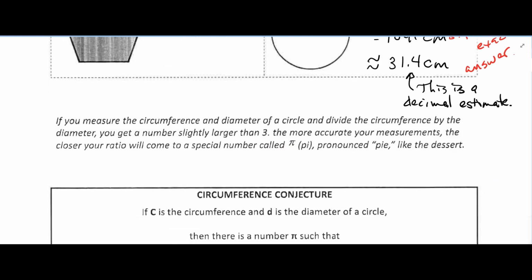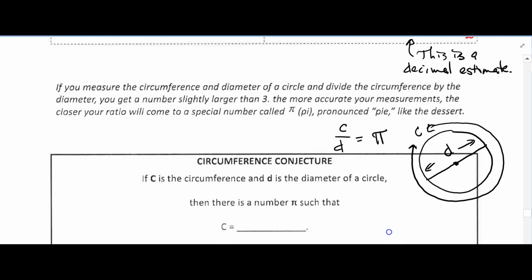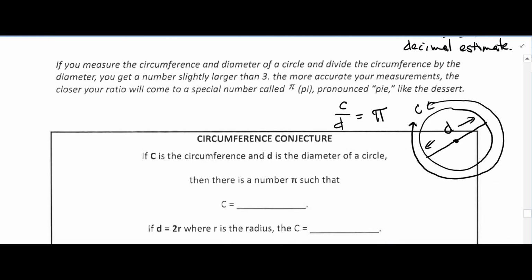Alright, so basically what we're doing here is we're taking our circle, we have our circumference, the distance all the way around, and we have our diameter, and if we take the circumference divided by the diameter, we're going to get pi. Okay, so that's where the number pi actually comes from, and that's true for any circle.